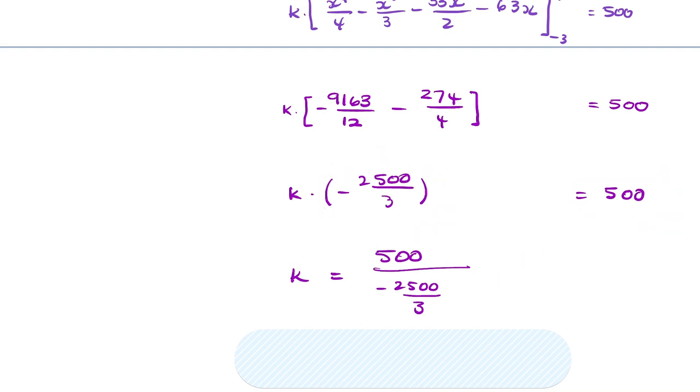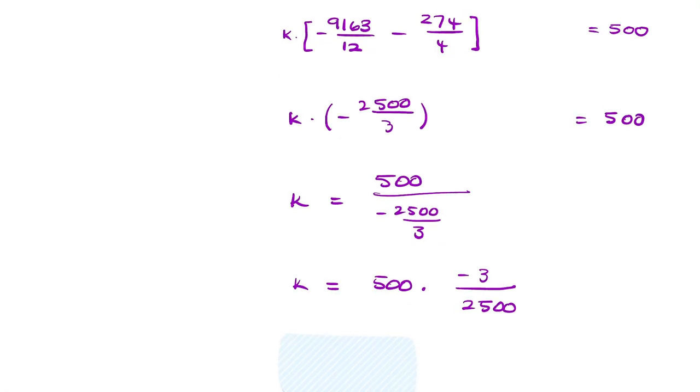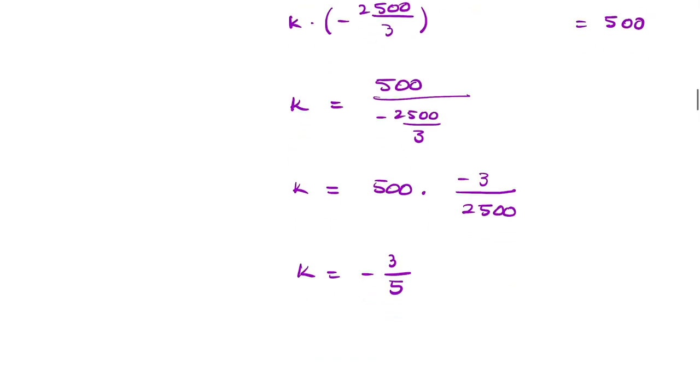You can put that in your calculator, or you can just turn this division into a multiplication and then simplify that, and it gives you a negative value for k, and that's what we were expecting. We were expecting a negative value, and it turns out k is equal to -3 over 5. So that's your final answer.